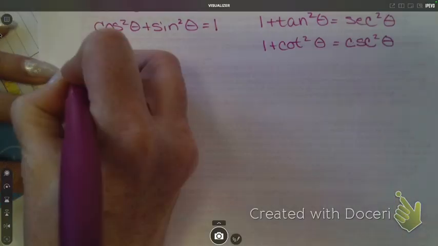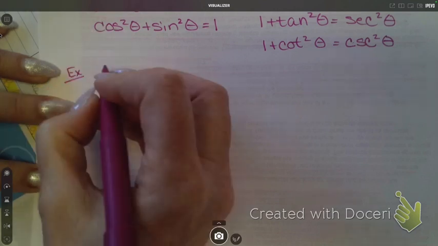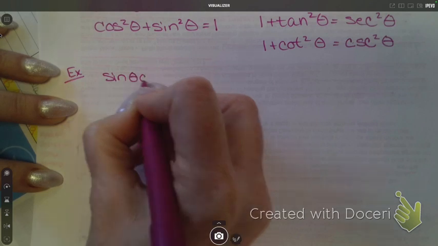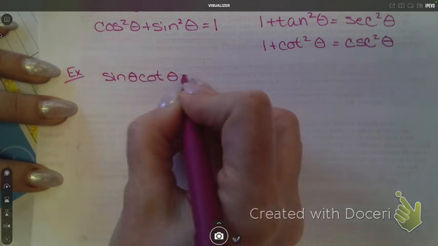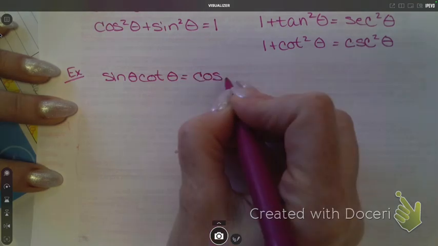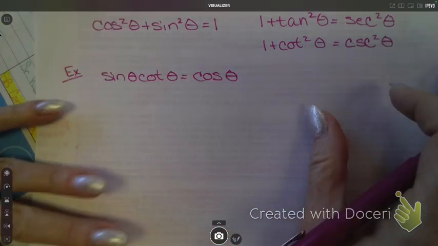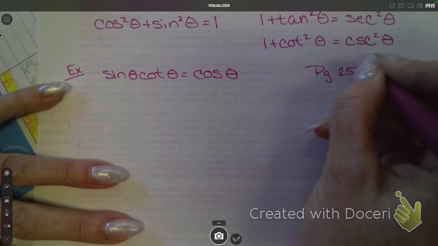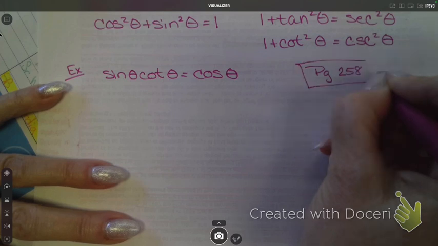So I have sine of theta times cotangent of theta equals cosine of theta. On page 258 are a list of things that might be helpful. And one of those says, look at the most complicated side.